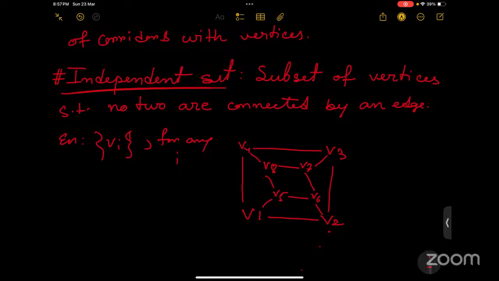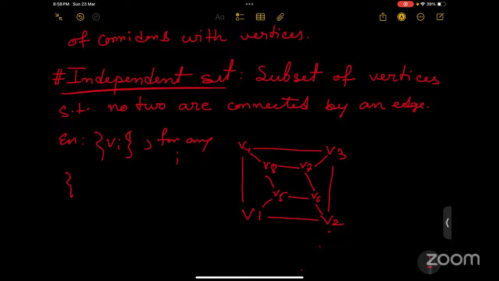Now, what other independent sets can we take? No two are connected by an edge. For example, for this graph we can't take V1 and V4 together, because V1 and V4 are connected by an edge.